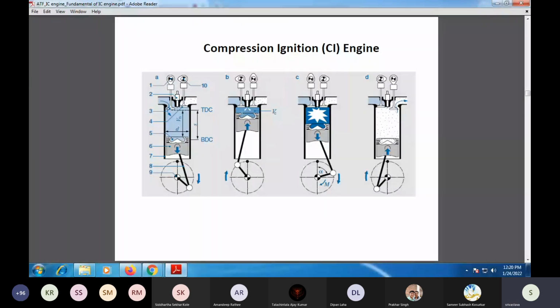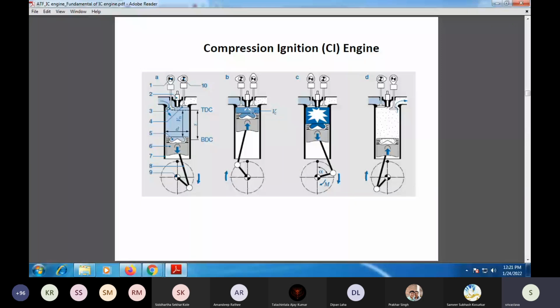The differential pressure has to be very high. We will discuss more details when we discuss diesel engine combustion, but at this point, we can say that if it is a mechanical fuel injector, the fuel injection pressure will be around 120 to 180 bar.